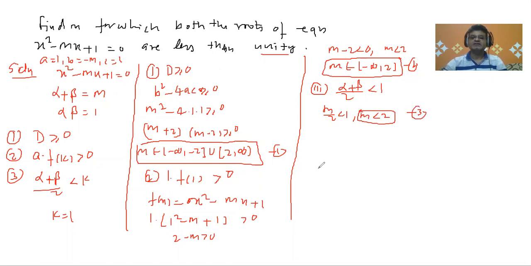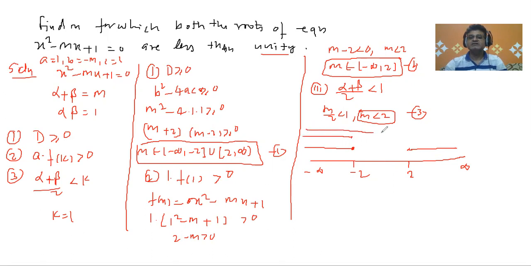Now we take the common solution satisfying all three. The first condition says minus infinity to minus 2 closed interval and 2 to infinity. The second one says minus infinity to 2, and the third one says minus infinity to 2.